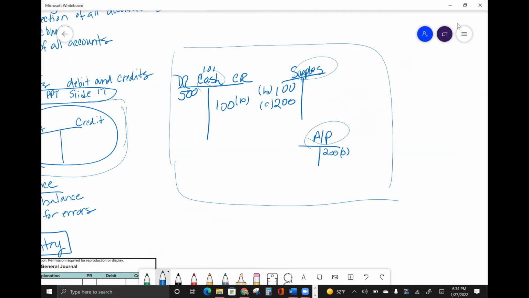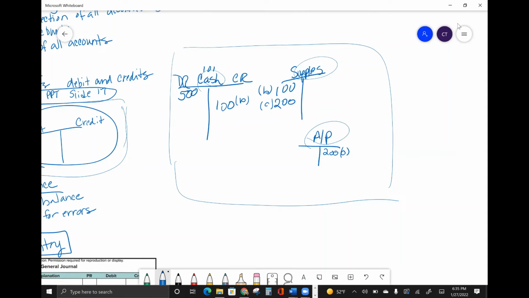So right here I say cash is a credit for $100. On the asset side, that means I have cash going out. On the supply side, I have a debit, and the reason why is because I have supplies coming in. They're both assets. Supplies I'm going to be able to use; they'll be beneficial for me in the future. And the cash is going out, so that's also an asset.